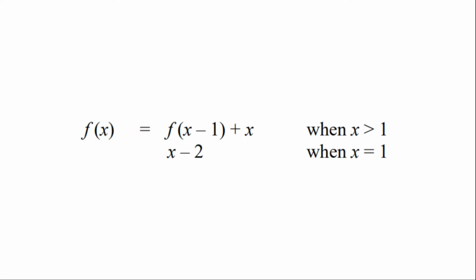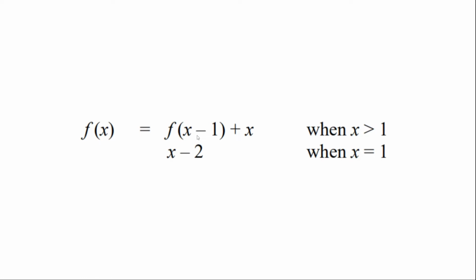Now, recursive functions are a little different, because rather than always necessarily evaluating to an answer, instead, recursive functions might call themselves. So as you can see here, this is a very simple recursive function, and we can see that whenever the value of x that we're plugging in is greater than 1, the function will call itself with a different value of x.